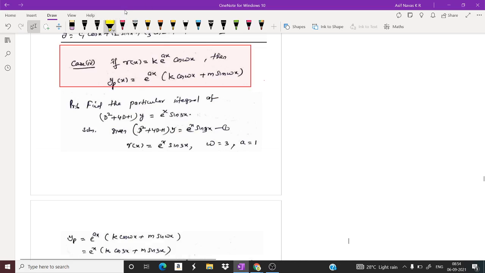If r of x is equal to k1 e raised to ax cos omega x, this is an important type of non-homogeneous equation. If r of x equals k1 e raised to ax cos omega x, then yp we will choose as e raised to ax into k cos omega x plus m sin omega x.